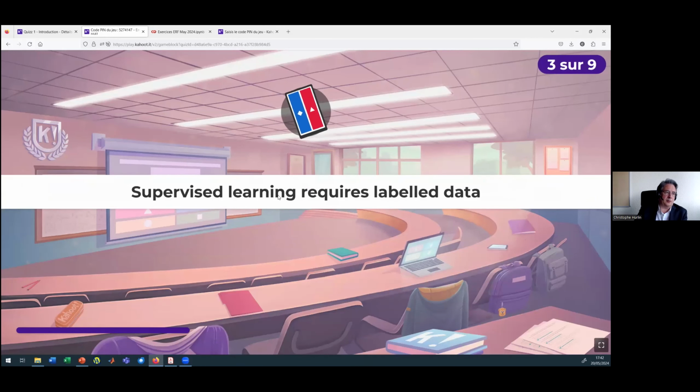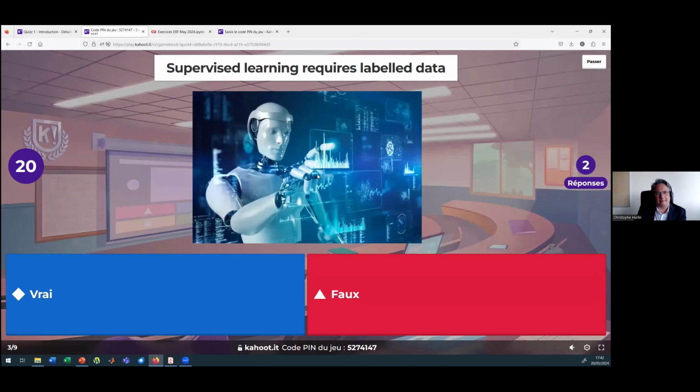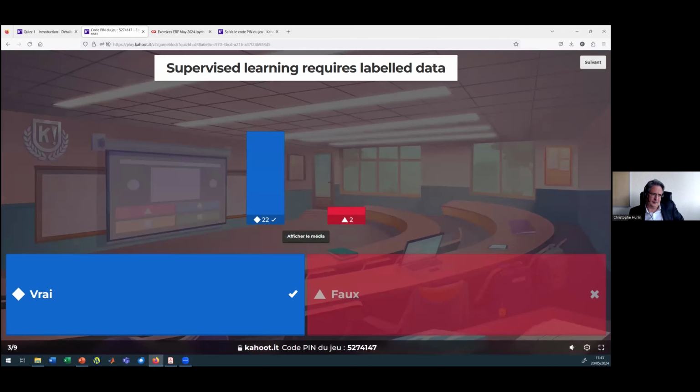True or false? Supervised learning requires labeled data. True. Supervised learning uses labeled data, unsupervised learning uses unlabeled data.